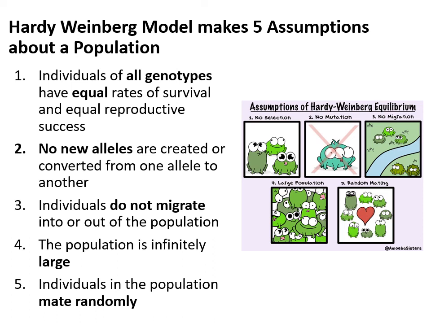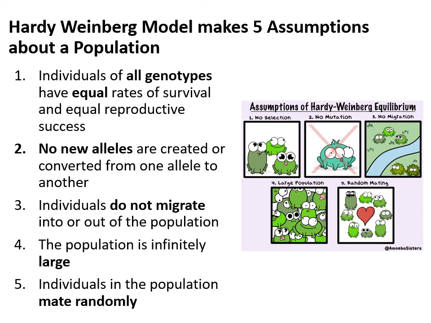You don't want people to be picking only one particular genotype, saying, hey, that's the best looking of the genotypes, I want to mate with that one, because that will then put everything out of equilibrium and it will skew the numbers and the calculations. Okay, so we're not going to get into much detail beyond that, but I just want you to be aware of what it tells you when your population is not in equilibrium: the fact that one or more of these assumptions is being broken in that population.